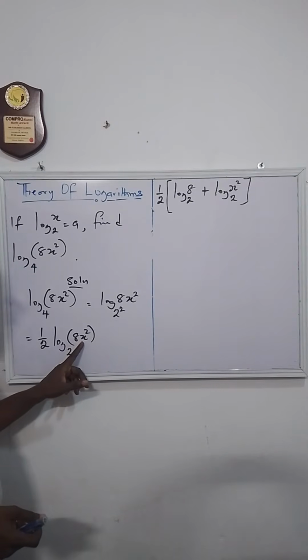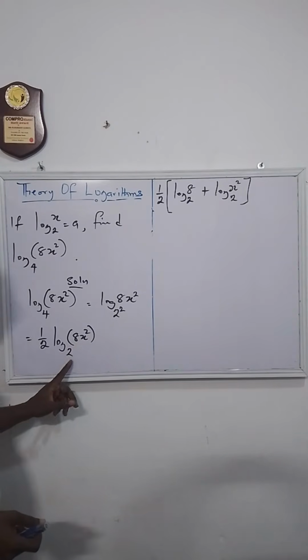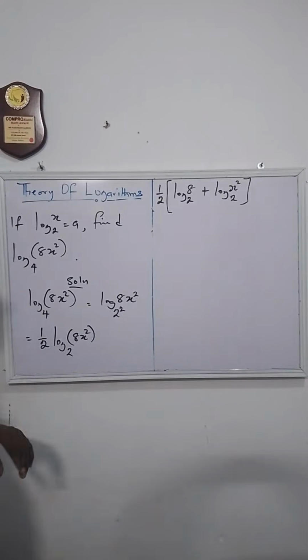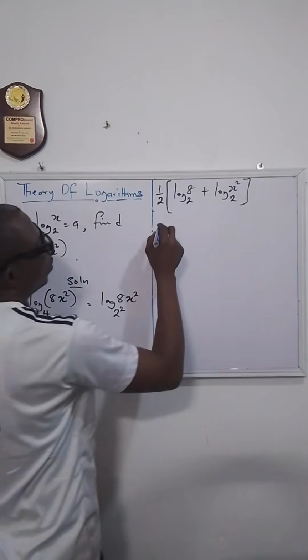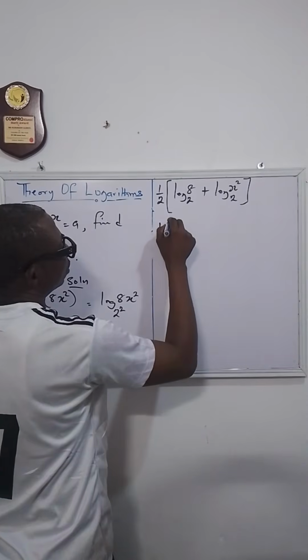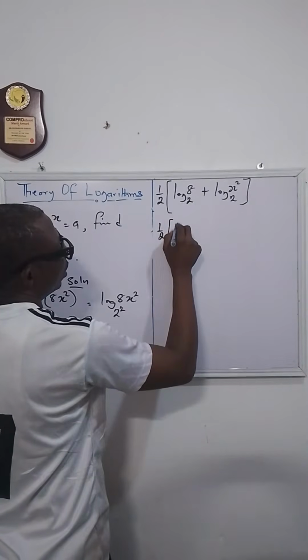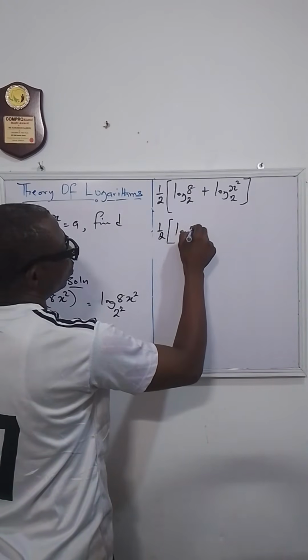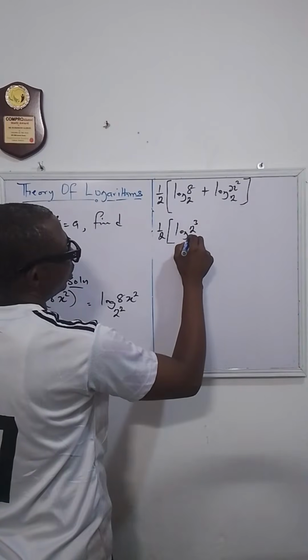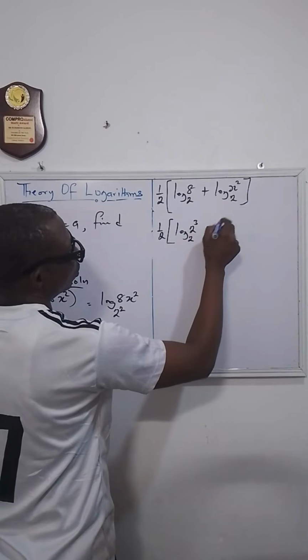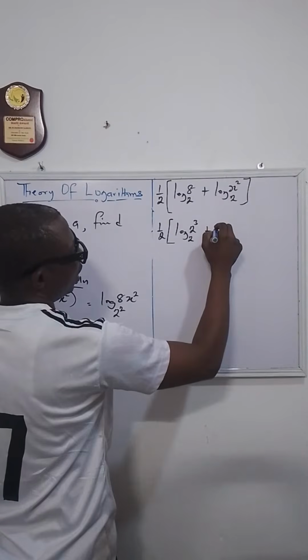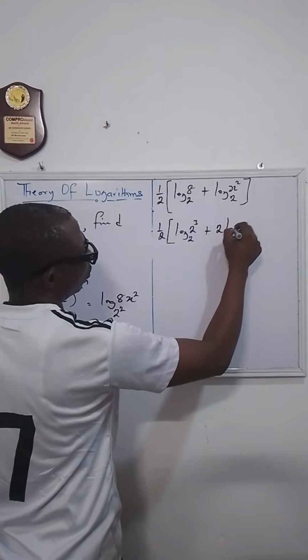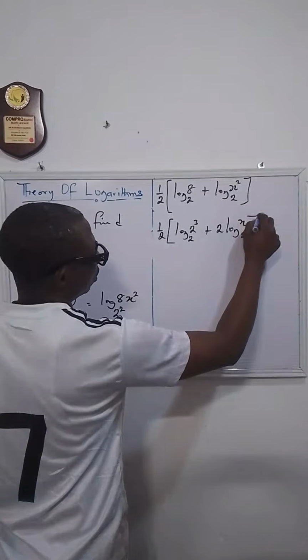So 8 is multiplying itself with x squared. All right, so base 2. So that's it. Okay, so now we have 1 over 2. This is logarithm of 2 raised to the power of 3 base 2 plus, now this comes here. So we have 2 log of x base 2.